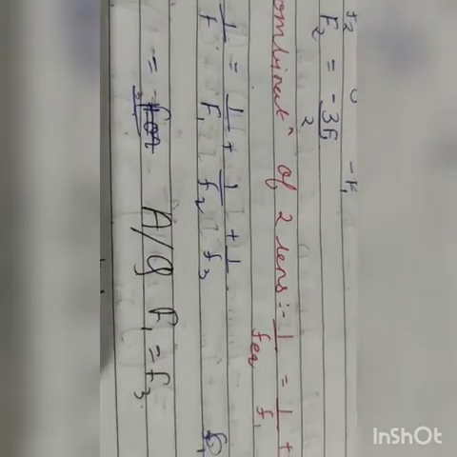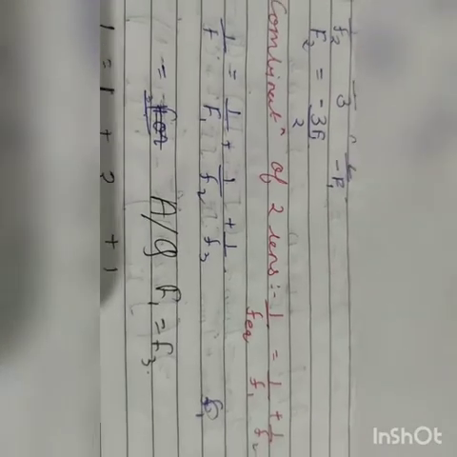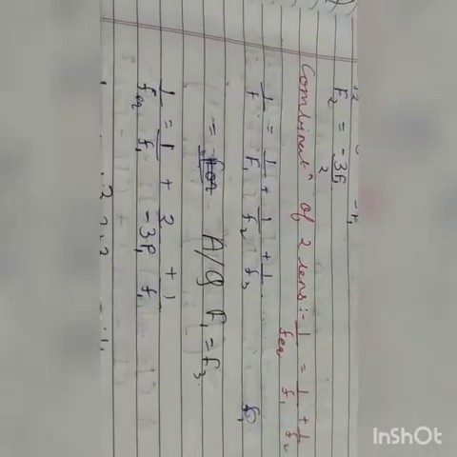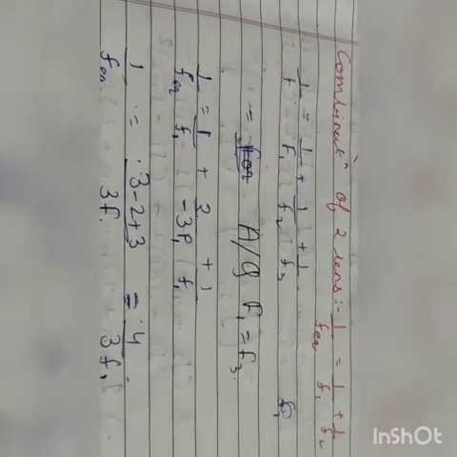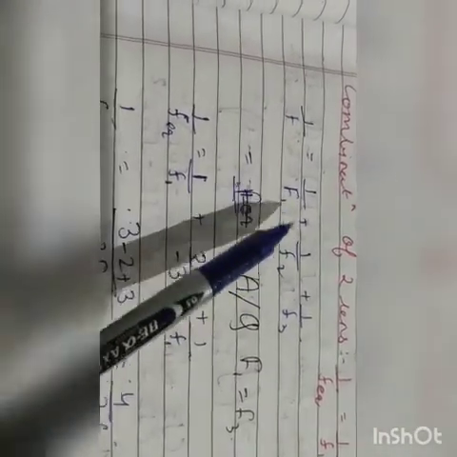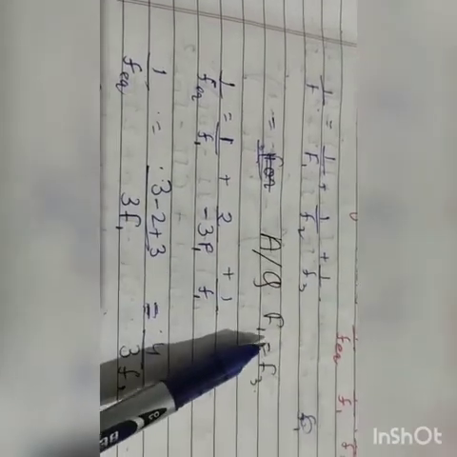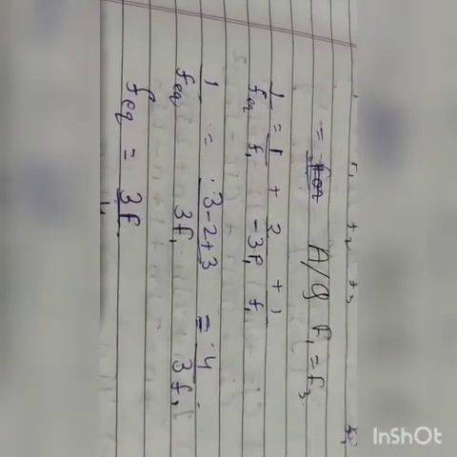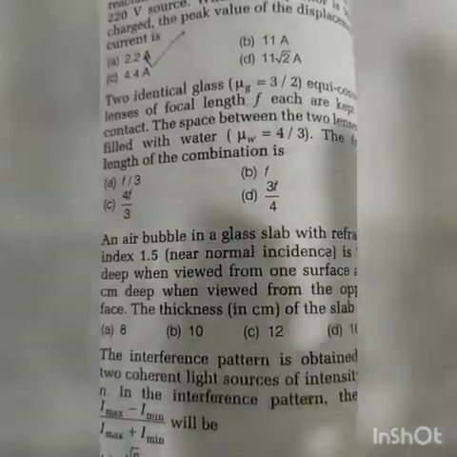The combination of the lenses is 1 by f1 plus 1 by f2 plus 1 by f3. According to the question, f1 is equal to f3. So we put in the values, f1 and f3 both equal to f1, and we get 3f by 4. Here 3f by 4. Now question number 35.